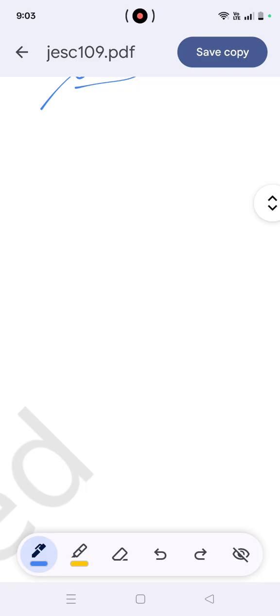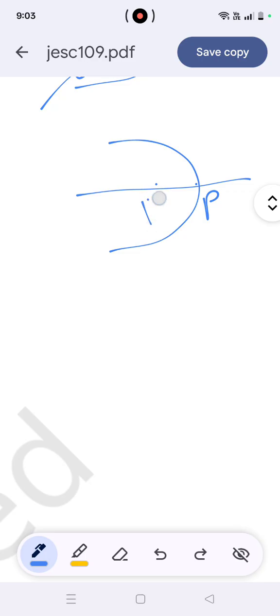Now we are going row wise. If the object is placed between C and F, the image formed will be beyond C, real and inverted till I say ruko.